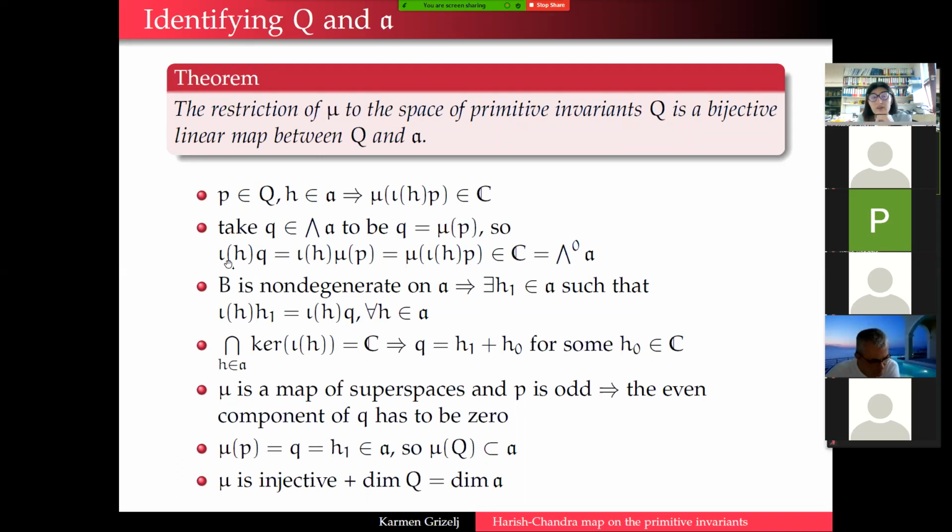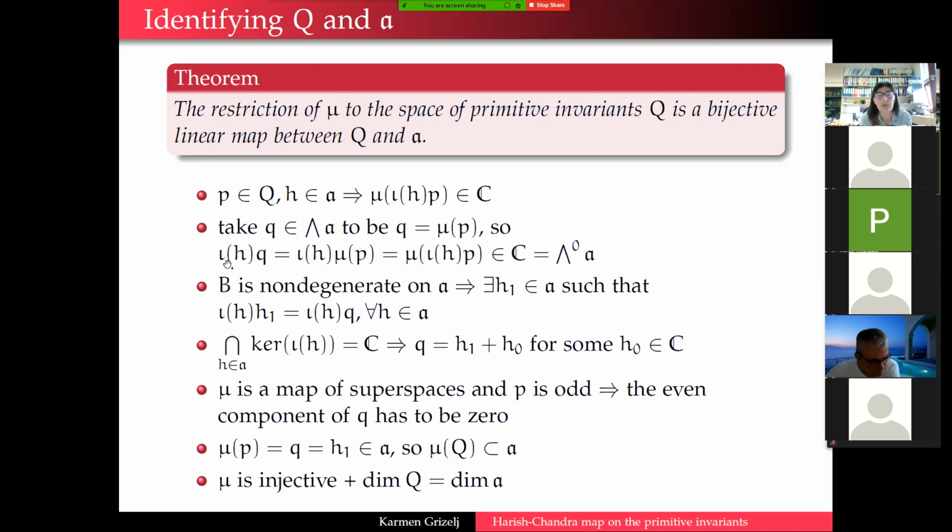So we can actually write that the contraction for any H applied on Q is, by definition of Q, this guy. But using this last lemma, we can write it as mu of iota H on P, which is, as I just said, in the complex numbers, or you can also look at it as the zero grading component of A.